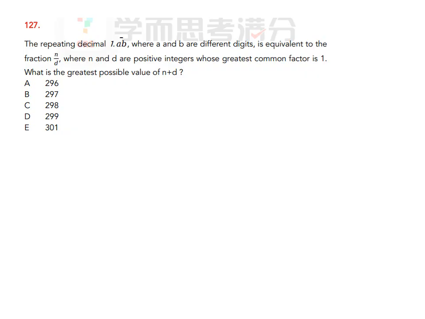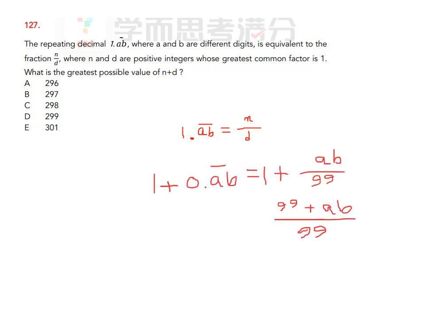At first, let us do some work with 1.ab repeating. What can I do? Set an equation: 1.ab repeating equals n/d, because the question gives the relationship that 1.ab repeating is equivalent to the fraction n/d. Now 1 is a whole number and we handle the decimal later.